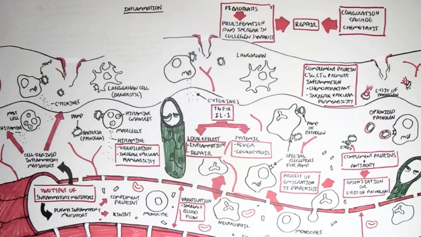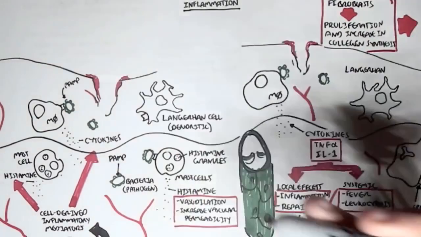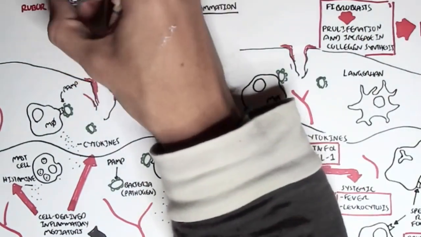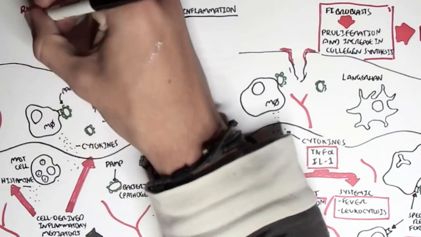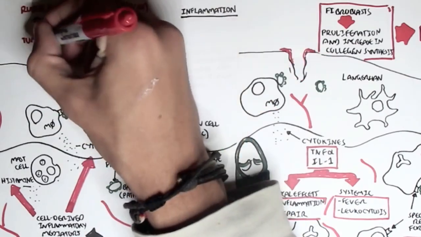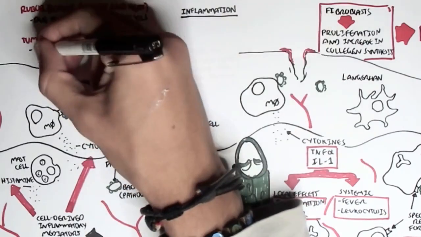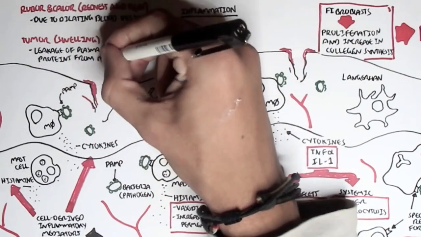the characteristics of inflammation. And there are 4 Greek words, as well as just an English word, that denotes the characteristics of inflammation. The first two are rubor and calor, which denotes redness and heat. And this is due to the dilating blood vessels. Then we have 2 more, which is swelling. And this is due to the leakage of plasma fluid and also the proteins from the blood vessels into the tissue.